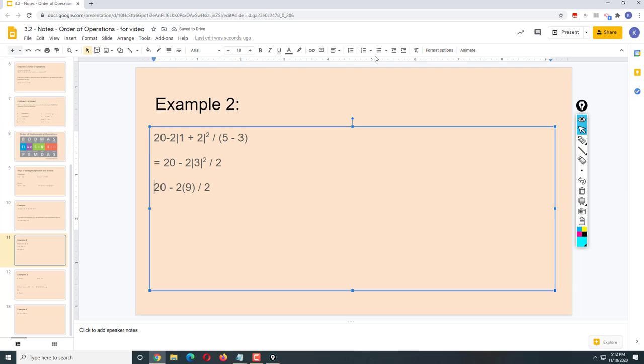This is the same as multiply. With multiplication and division, we go left to right. So this is 20 minus 18 divided by 2. 20 minus 9, which is equal to 11. Okay.